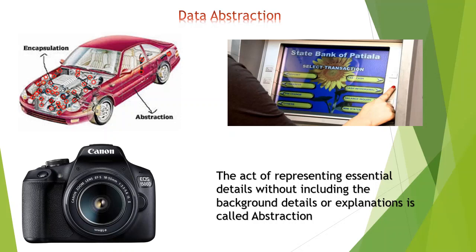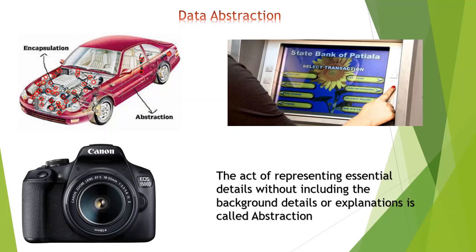So the person who is driving the car need not worry about the background details like what happens when the brake is pressed or what happens in the background technically when the accelerator is pressed. He need not worry about all these details. These complexities are hidden from the user. Only the essential features will be allowed for him, so that he can use those essential features.